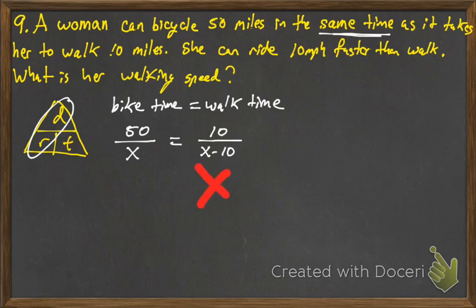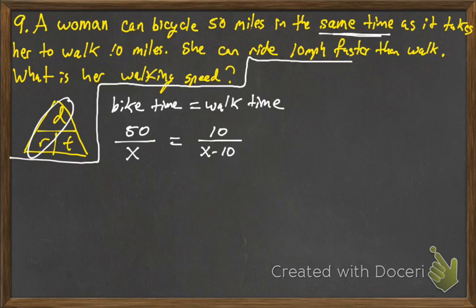Alternatively, if you wanted to, you could call her walk speed x, then her bike speed would be 10 miles per hour faster, so that'd be x plus 10. So you can do that also, you'll get the same answer. Your x will be different, but what it is tied to will be the same. All right, fraction equals a fraction, so let's go ahead and do our cross multiplication.